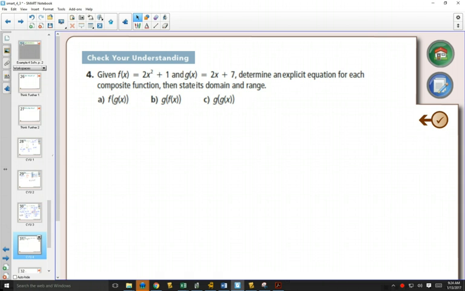So here we have f of x is 2x squared plus 1. G of x is 2x plus 7. So I'm going to make an f machine here. Our G machine is a little bit old, bent.